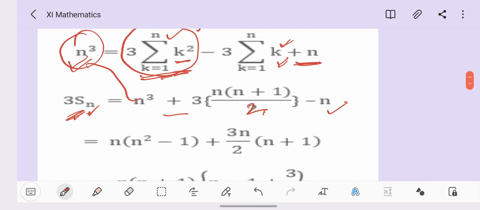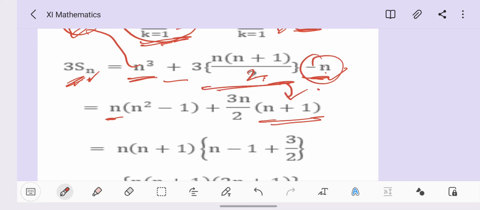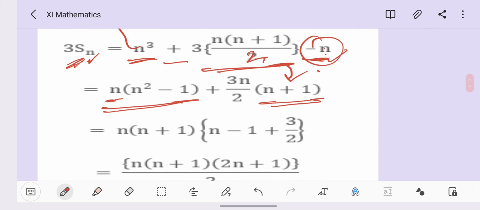Okay, and then solving it, taking 2 as the LCM, so 2n cube. You can write this as n into n square, because here is minus n, so taking n common, it becomes n square minus 1 plus 3n by 2 into n plus 1 as it is. This remains unchanged, minus n goes with n cube, and you get this value after factorization.